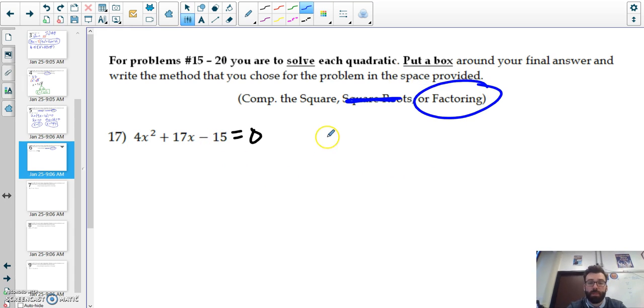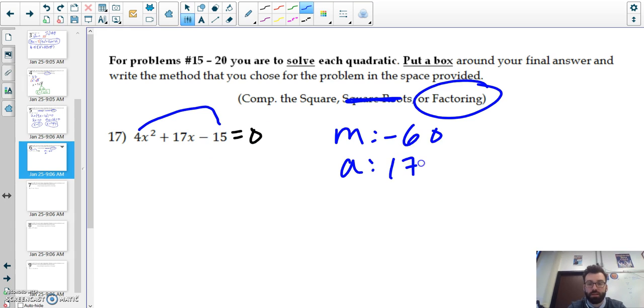All right, so let's see. Remember, to factor, when my a term, my number in front of x squared, is greater than 1, I want to use split the middle term. So I'm going to multiply a times c, which gives me negative 60. And I want two factors that'll add to 17.